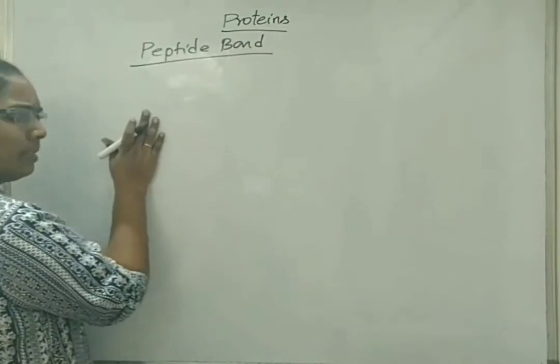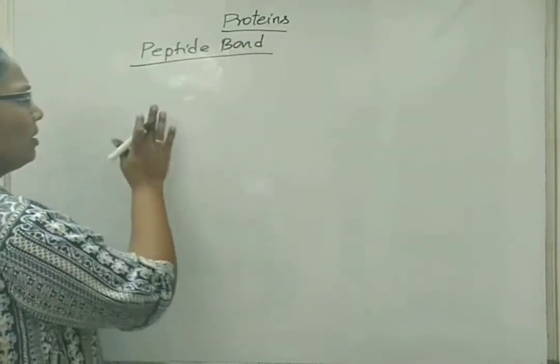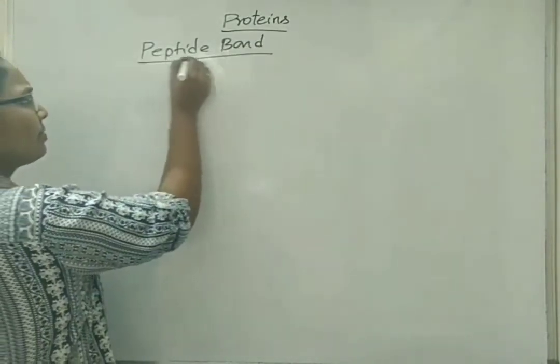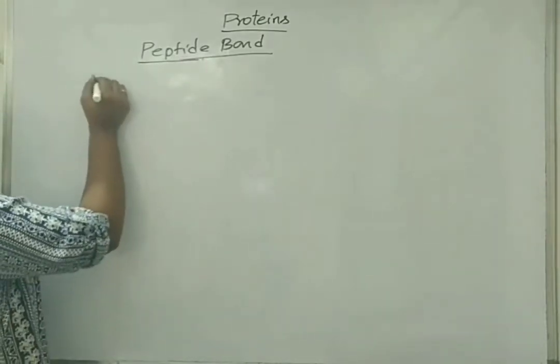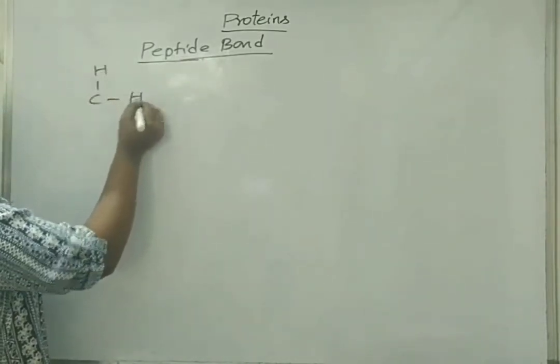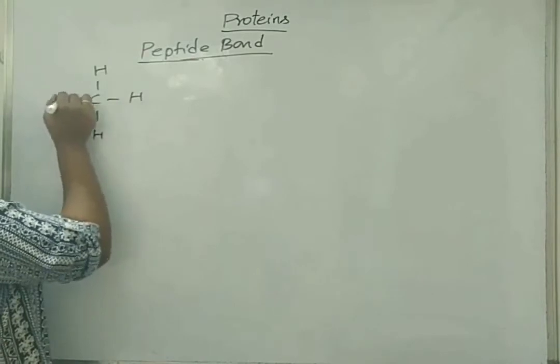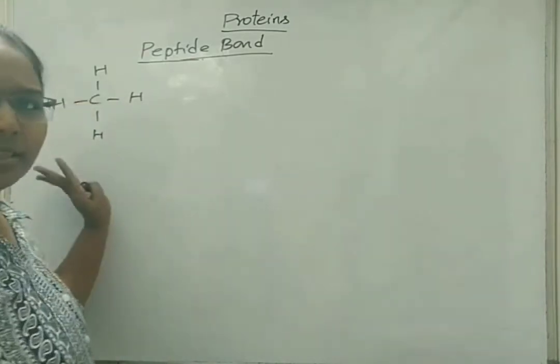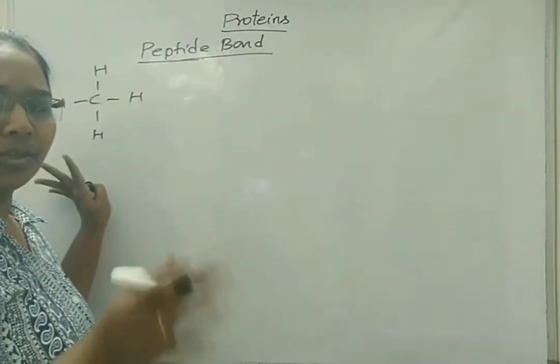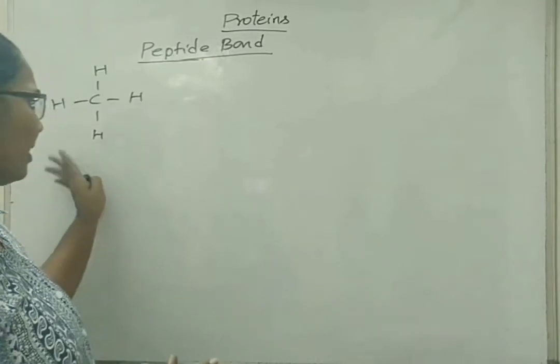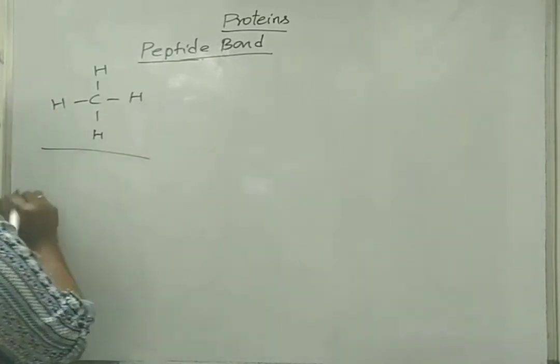Now, we will see the basic structure of the amino acid. As I told you, we said methane derivatives. So, we can give the first type of structure before complete formation of the amino acid like this. Methane structure like this.